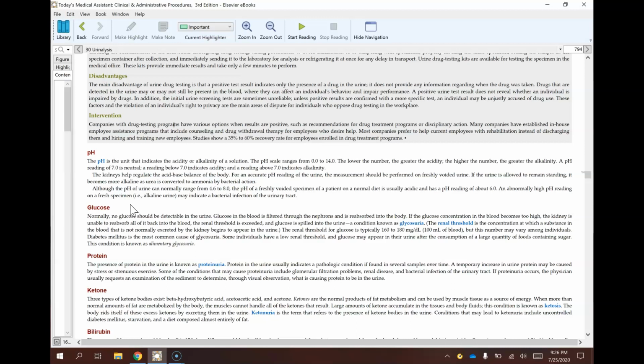It talks about how acidic or basic the alkalinity of a solution is, that pH goes from 0 all the way up to 14, and neutral is in the middle. The lower that number, the more acidic a sample is. The higher the number, the more basic or alkaline the sample is.